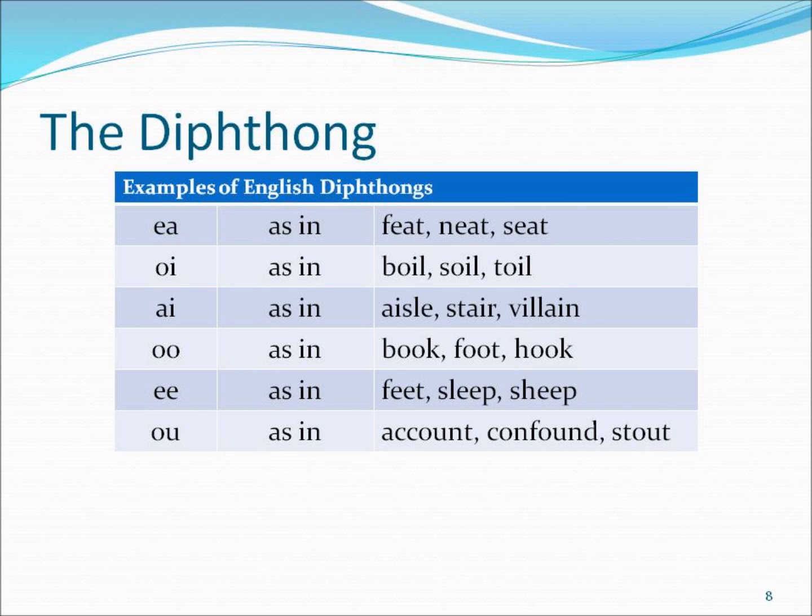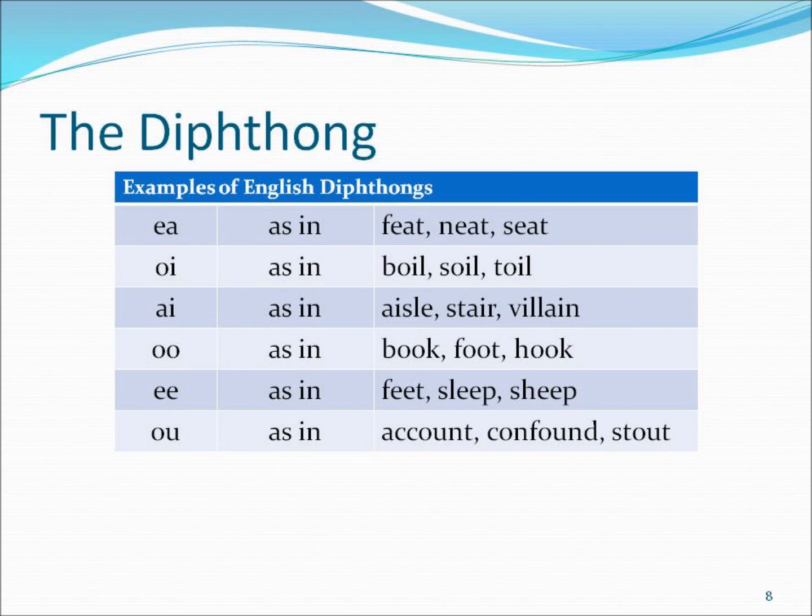EA, as in feet, neat, seat. Oi, as in boil, soil, toil. I, as in aisle, or stare, or villain. We also have an oo, as in book, foot, hook.